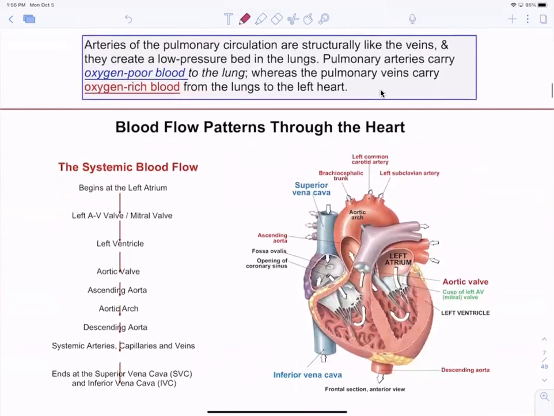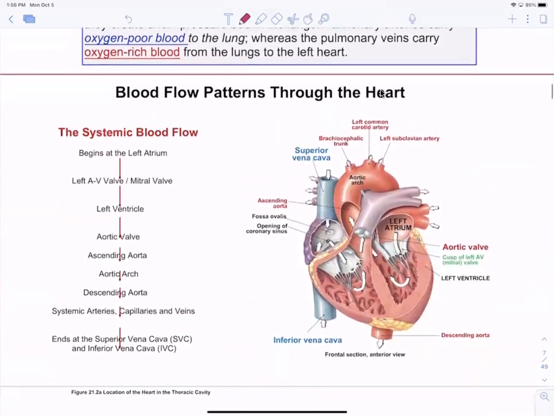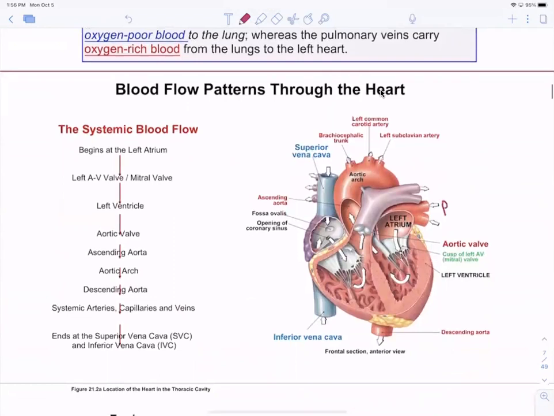Now, the systemic blood flow is where you have newly oxygenated blood returning via the pulmonary veins, right? So pulmonary veins to the left atrium. You have a left AV valve. It's also called the mitral valve or the bicuspid.